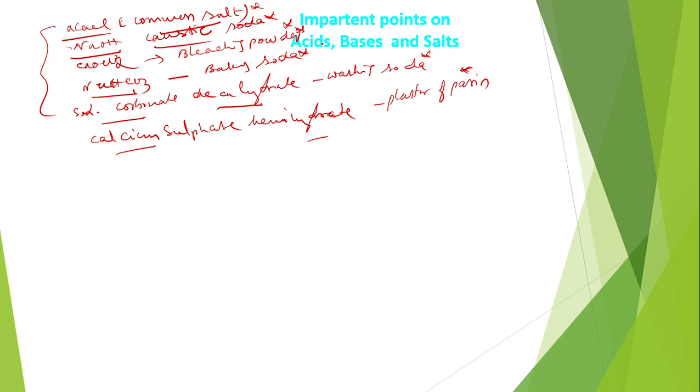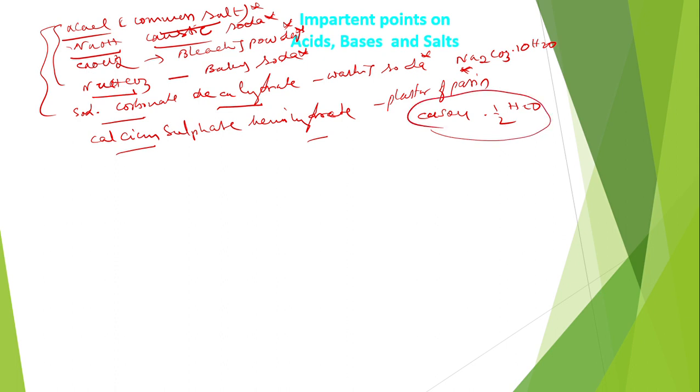Okay. Now, see, up to here we have seen the names. Now for sodium carbonate or washing soda, it is Na2CO3, and deca means 10H2O. Plaster of Paris is calcium sulfate, CaSO4, with half H2O.